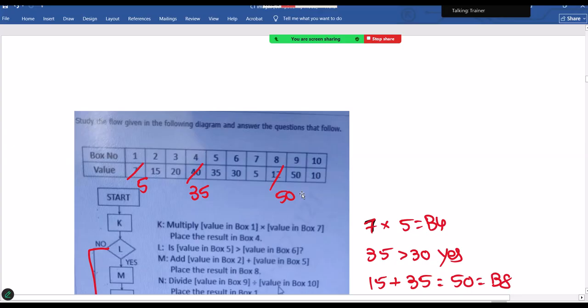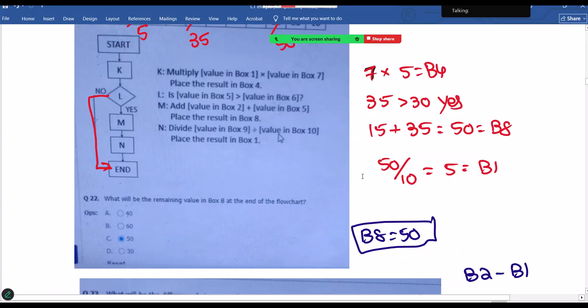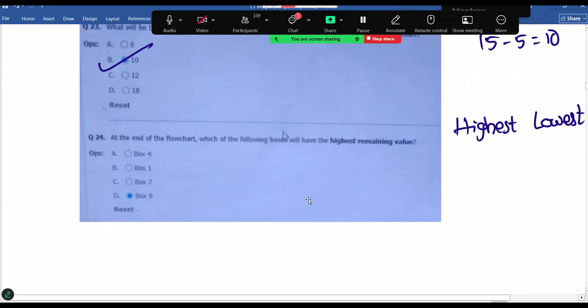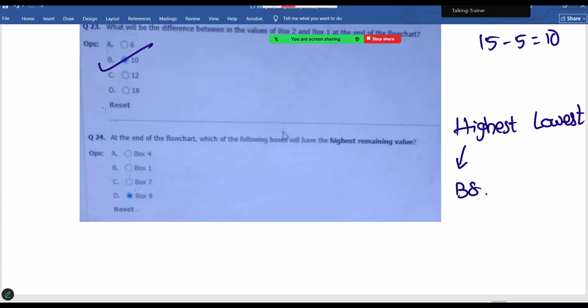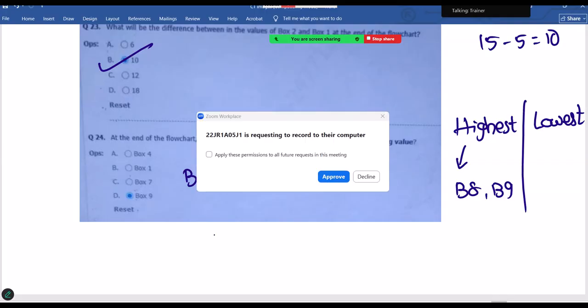Lowest is 1 and 7 both. 8 is not there in the options, 9 only is available here. Options given as box 4, 1, 7, 9. Among the options, 9. In fact, 8 also same. Lowest is box 1, it seems.